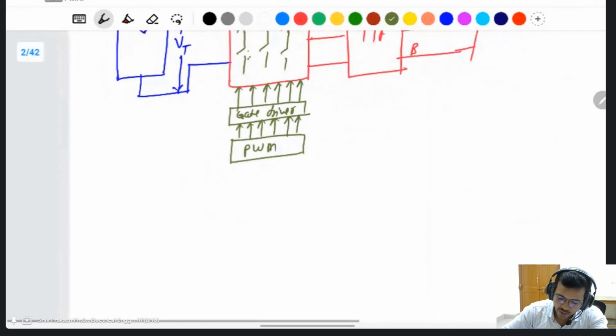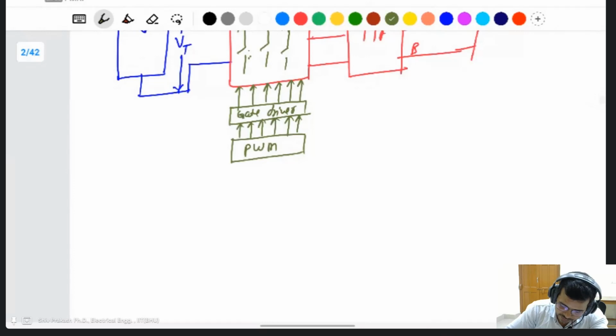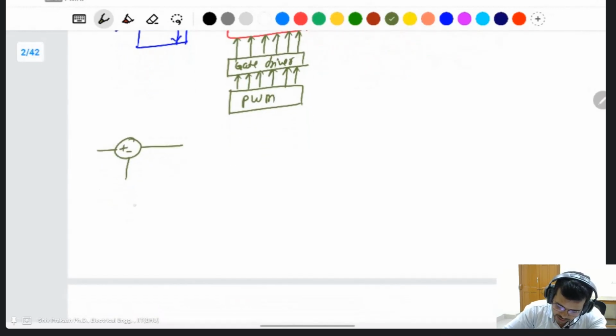There is some controlling, how to control this for 3 phase. You have 3 quantities.